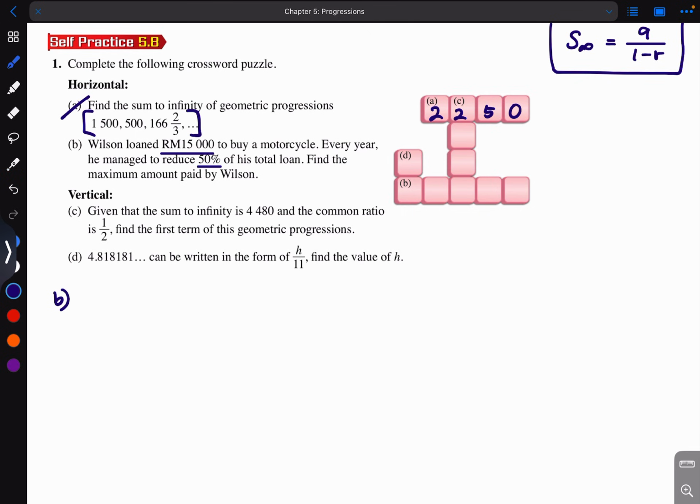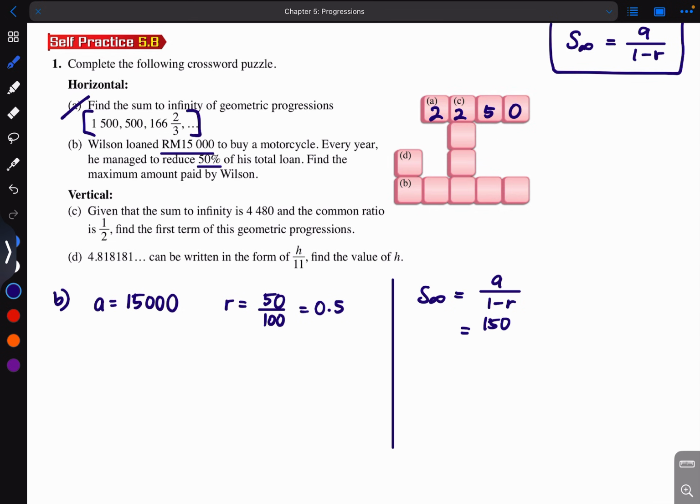Right. So a is 15,000. r will be 50%. 50% is 50 over 100. This can be written as 0.5. Right. So S infinity is a over 1 minus r, which is a over 1 minus 0.5.